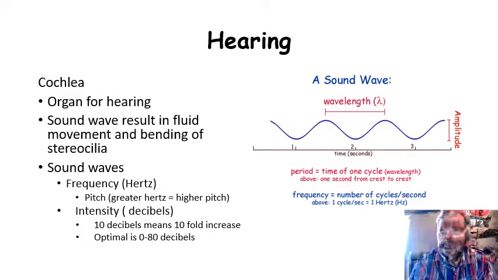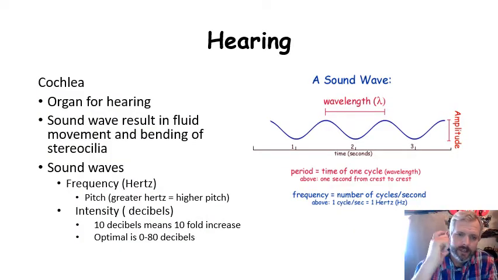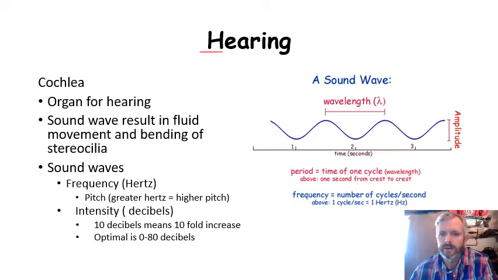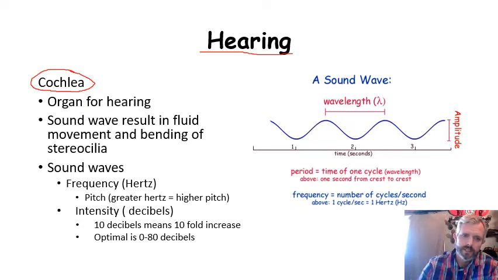The other information we're getting out of our inner ear, where our sensory cells are, is our auditory sense, our hearing. Okay, and that's housed in that snail-like structure, the cochlea, where we're going to get the sensation of hearing. Our stimulus is sound waves. The sound waves are going to cause fluid movement.